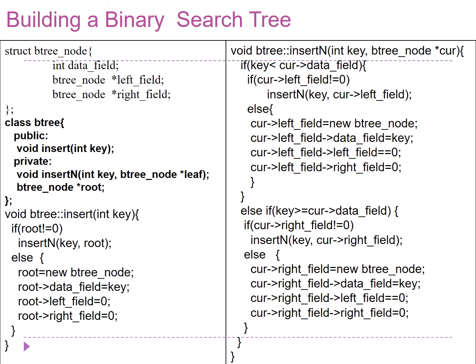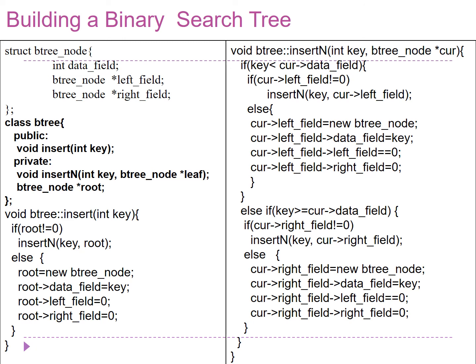In the function insertN, the key value received in the function is checked with the value of the current node. If the value is less, then a recursive call is made to the insert function till the new value is inserted.